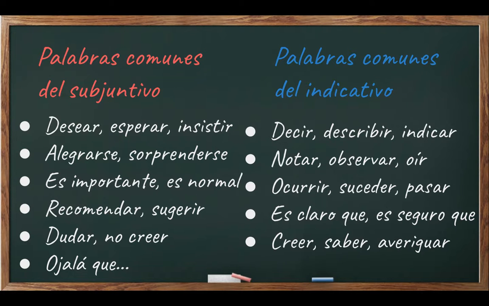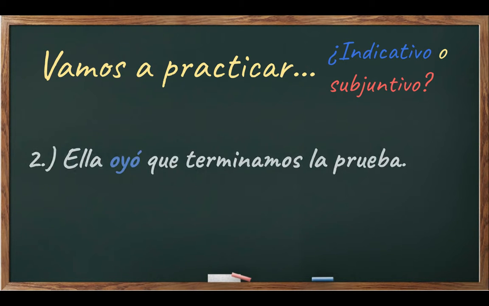And that just happens to be a buzzword for the indicative. So this isn't subjunctive because she's not saying, I hope that you finish the test, or I doubt that you finished the test. She's saying, I heard that you finished the test or the quiz. So this is a fact, right? It's an objective statement. It's something that she observed, something that she knows. It's in the indicative.